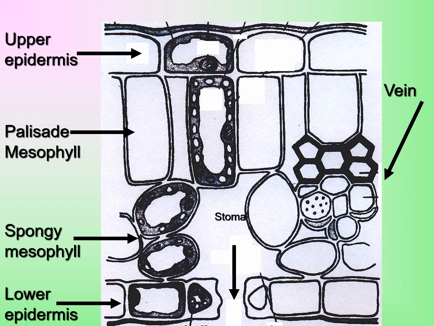So they can allow the stoma to open and allow the stoma to close. And then we have our vein, which has xylem and phloem. Xylem is a type of cell that brings water up for photosynthesis to the leaf from the roots, and phloem takes all the sugar produced to all parts of the plant.